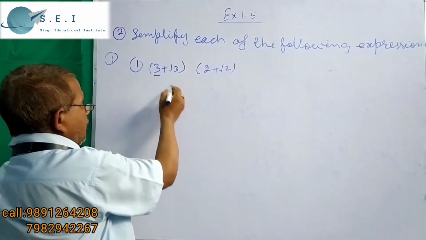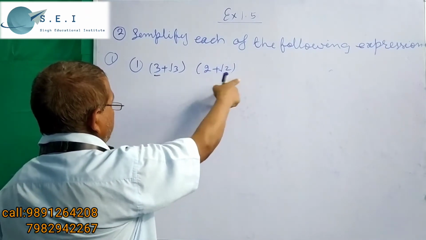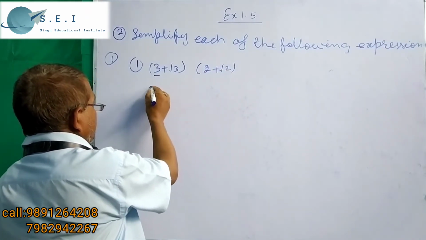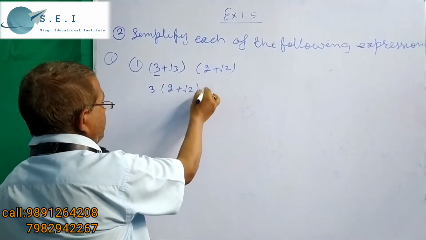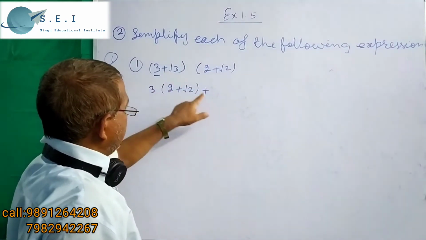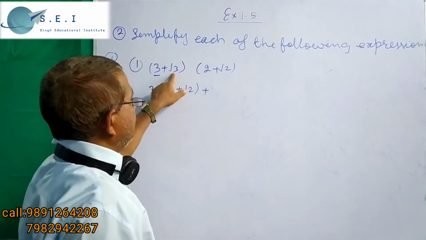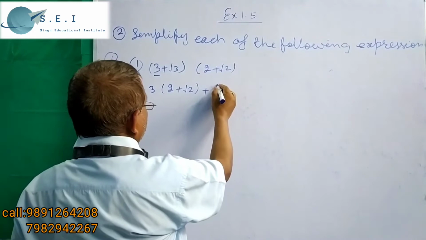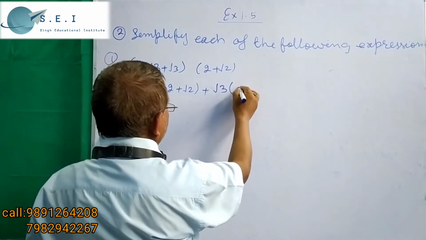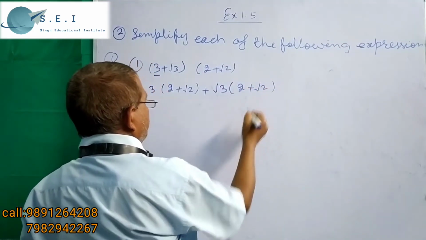The first term gets multiplied by both terms. So 3 multiplied by 2 plus root under 2, plus, and root 3 multiplied with the same both terms. So root under 3 multiplied by 2 plus root under 2.